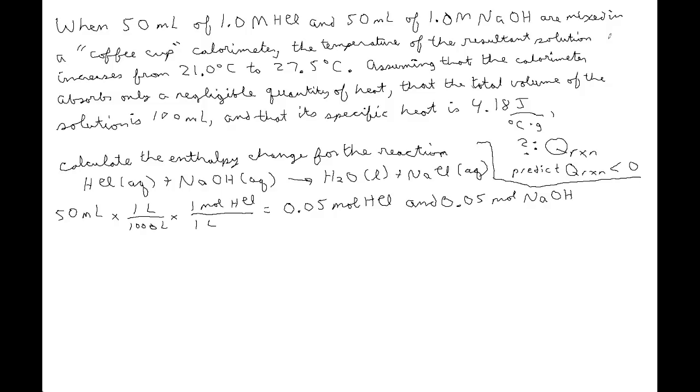Okay, now what? Well, now you can figure out Q for the calorimeter, which is equal to capital C delta T, where Q for the calorimeter is equal to 4.18.